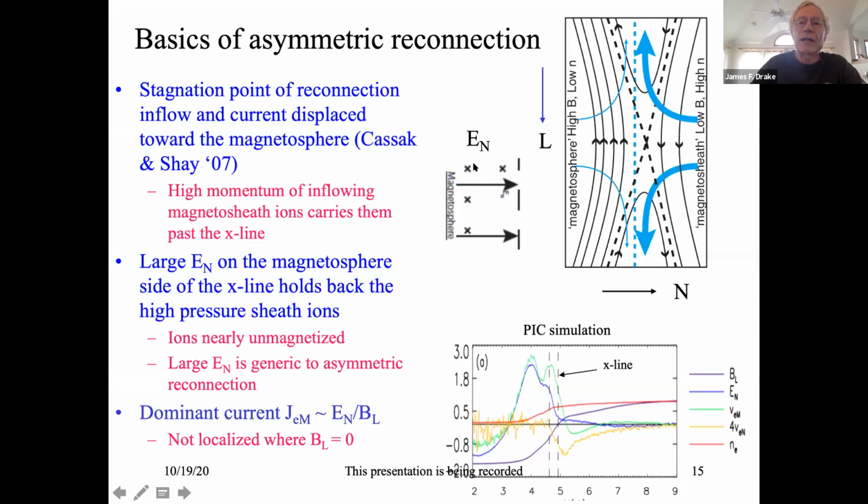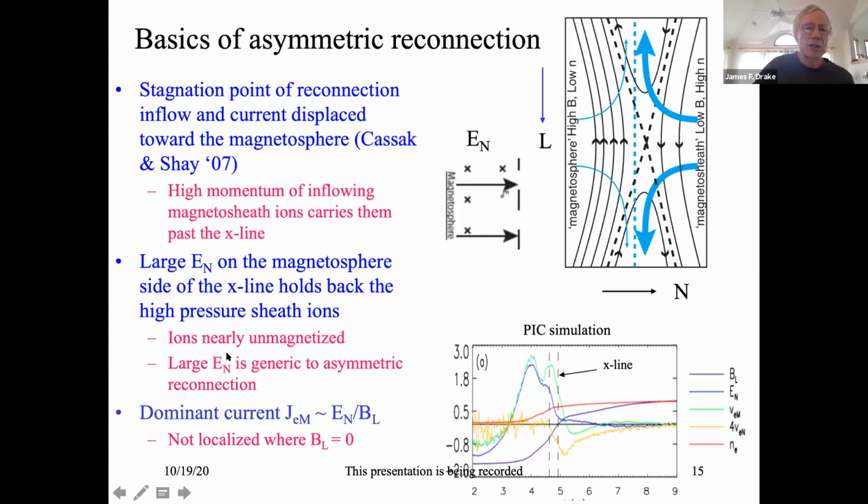And so here is that electric field, E normal. So the ions come barreling across, and E normal holds them back because they don't want to leave the electrons in the sheath. You can see that normal electric field, here it is. Basically it's the E normal electric field that holds back the pressure gradient of the ions. And so the ions are basically nearly unmagnetized.